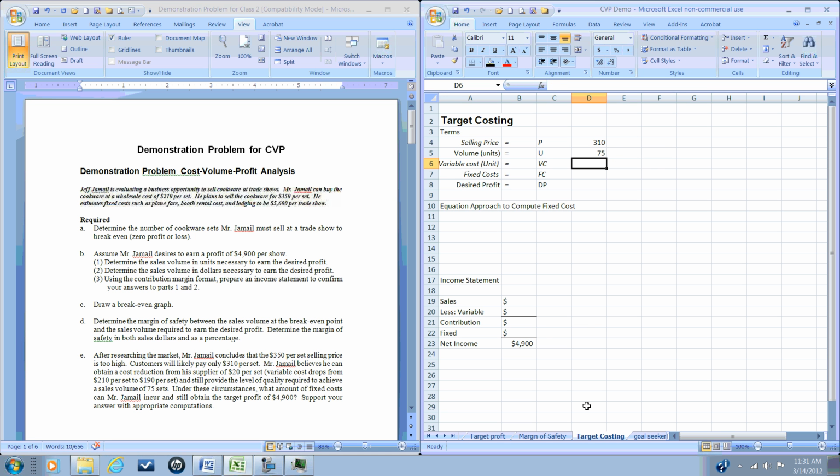Our variable cost will drop from 210 to 190. We're going to be solving for our fixed costs, and we're going to continue to want to earn a profit of 4,900.